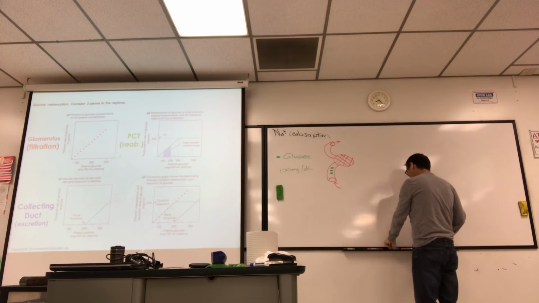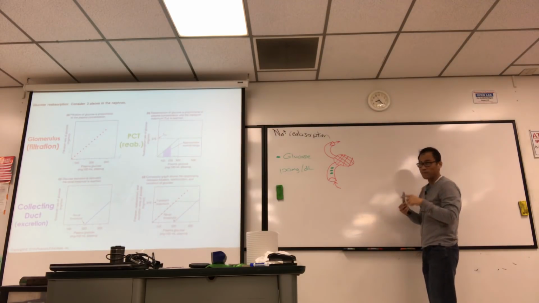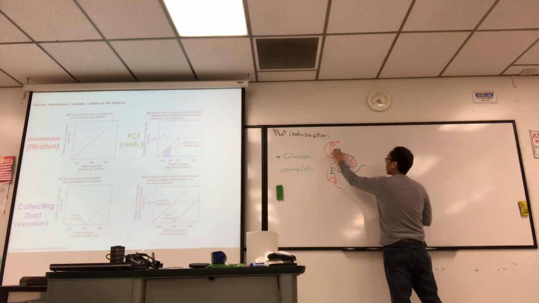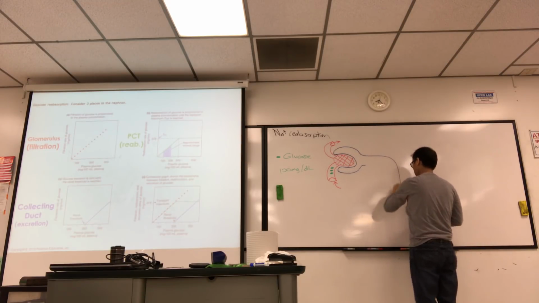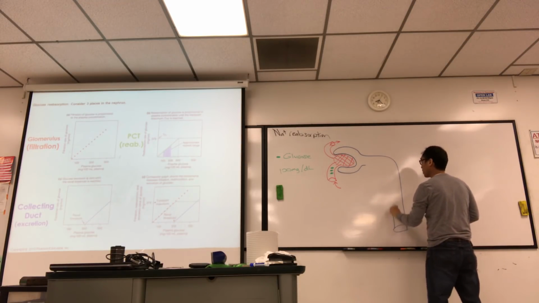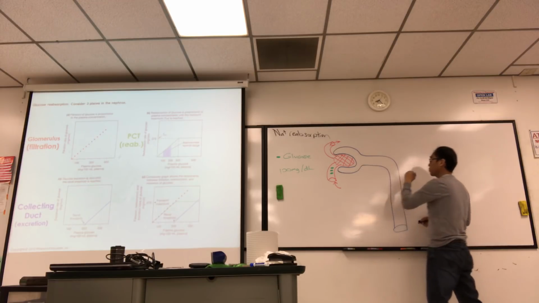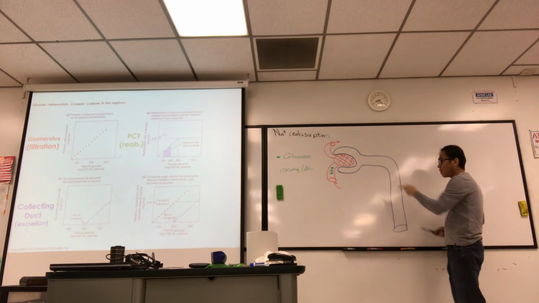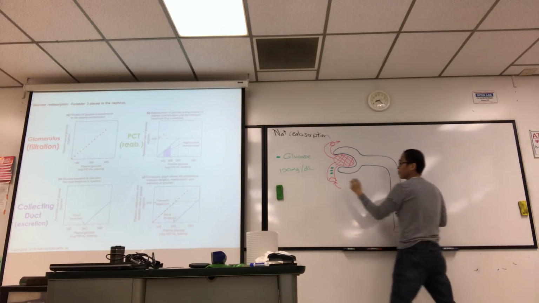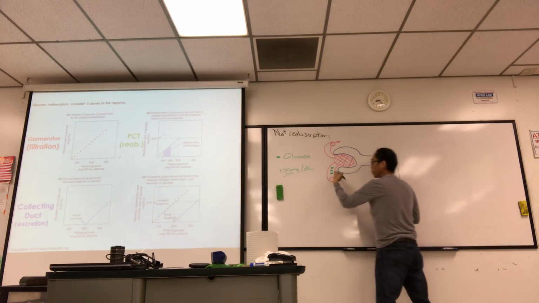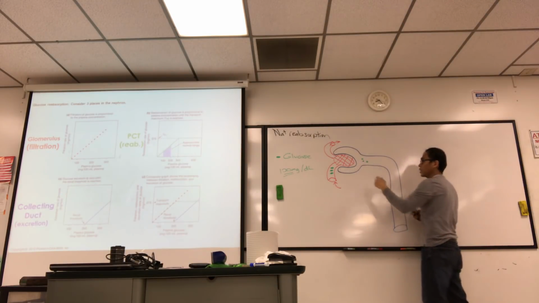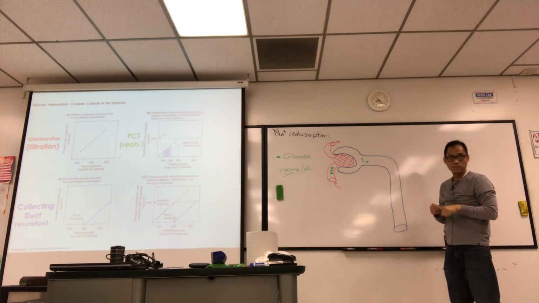Let's remember the structure we're talking about. It's going to be filtered in the Bowman's capsule here. I'll just draw the nephron simply like this, a simple tube. Let's say it's all filtered, all three of those little green balls representing 100 mg per deciliter. Not very much.